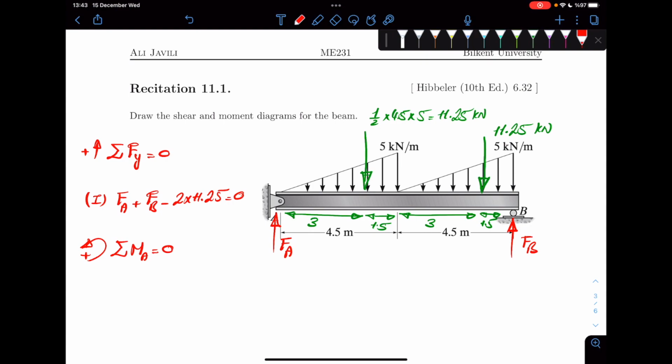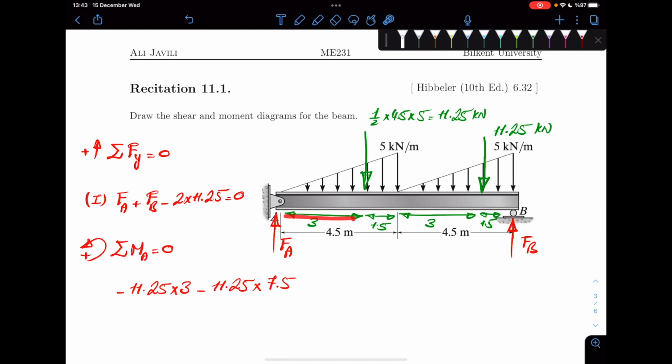So if you do that, you get minus 11.25 times 3 minus 11.25 times 7.5.